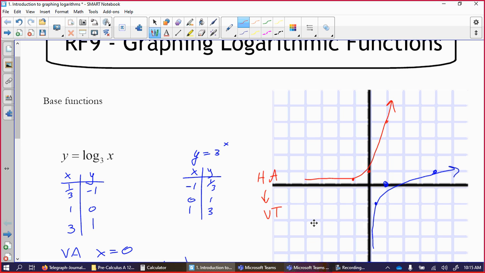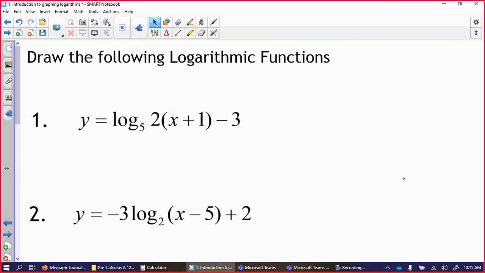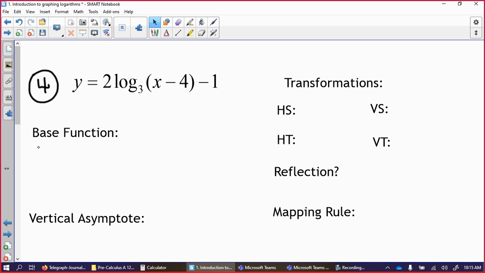We move that up and down. Now our vertical asymptote is related to our horizontal translation, because if I move this left or right, I move my vertical asymptote.